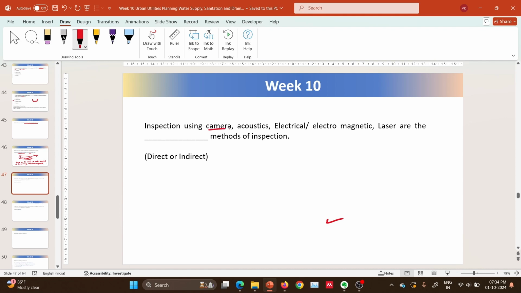Inspection using camera, acoustics, electrical, electromagnetic, laser are dash methods of inspection. So there are two methods. One is direct, one is indirect. Direct: a man can go inside the manhole.